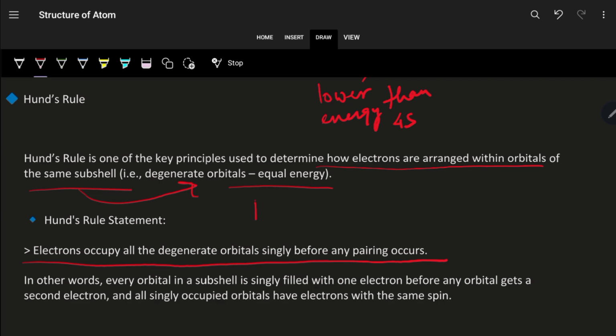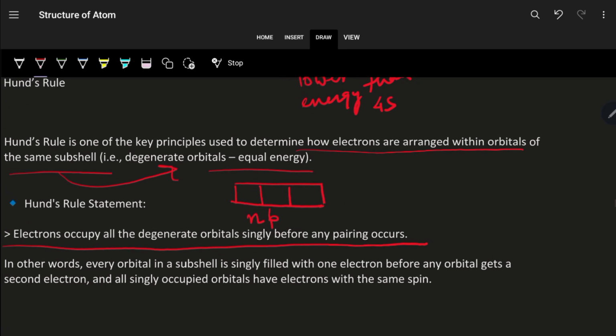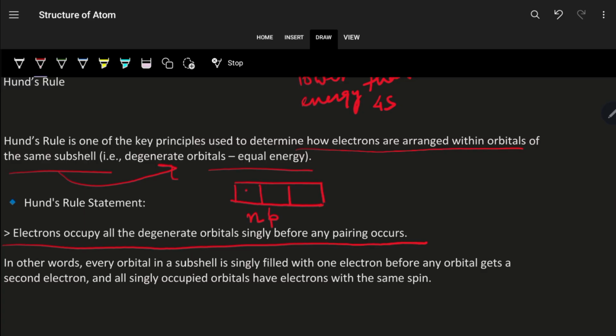Suppose I say that I want to fill up in p. It can be 2p, it can be 3p, any. So np I am writing. If it is p1, then it will be having one electron. If it is p2, then it will be occupying the next orbital. This is the shell, and these are the, say, +1, 0, -1.